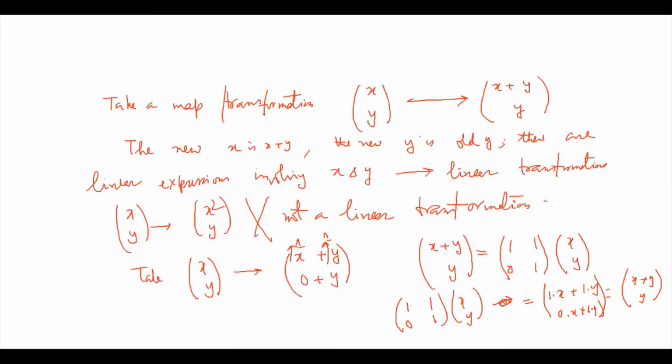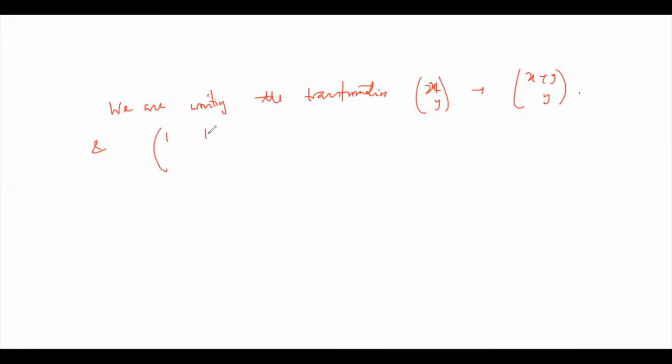So basically what we're doing is writing the transformation xy going to x plus y, y as just taking the coefficients of x and y, the linear coefficients, and putting them here, and saying this is equal to x plus y, y.